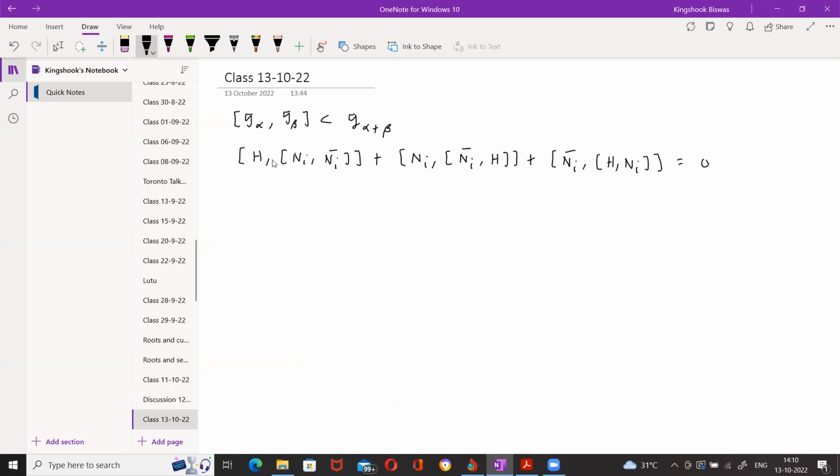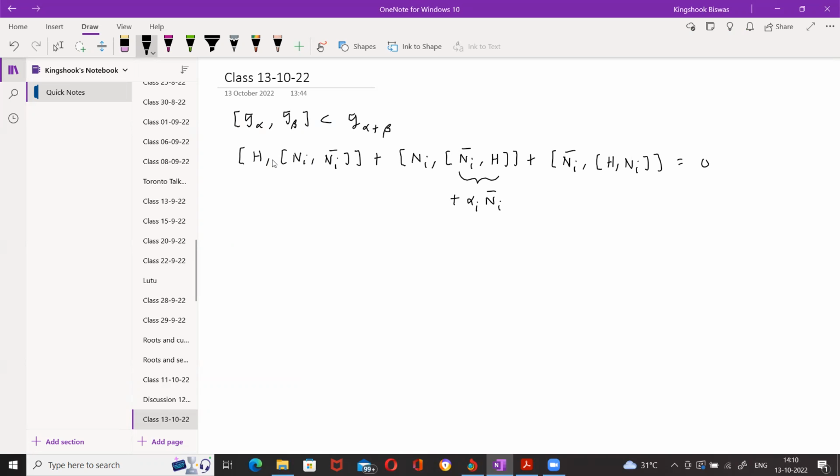And this ni bar bracket H, what is this? The bracket of H and ni bar is minus alpha I ni bar, which we saw last time. So this is going to be plus alpha I ni bar, because the bracket is skew symmetric.